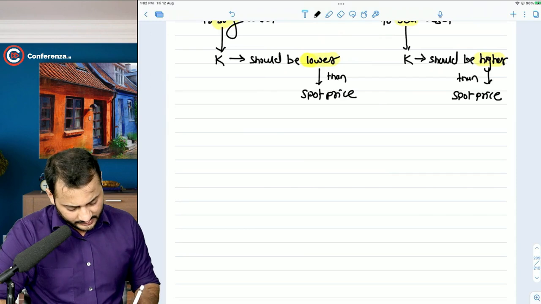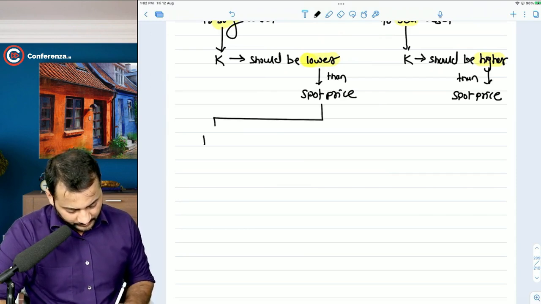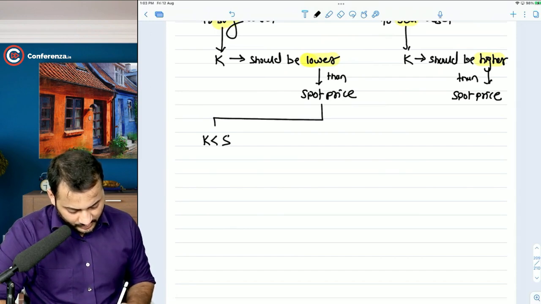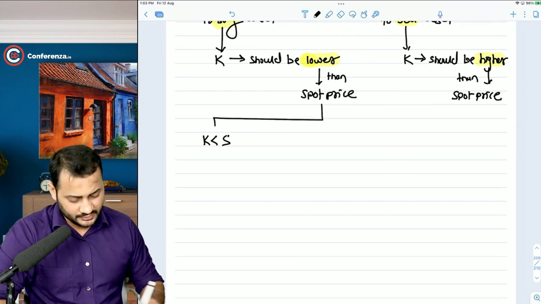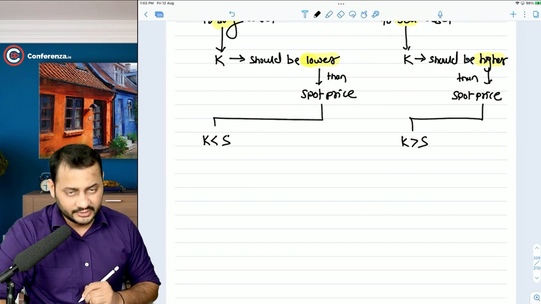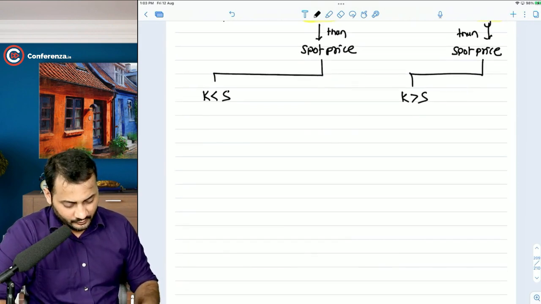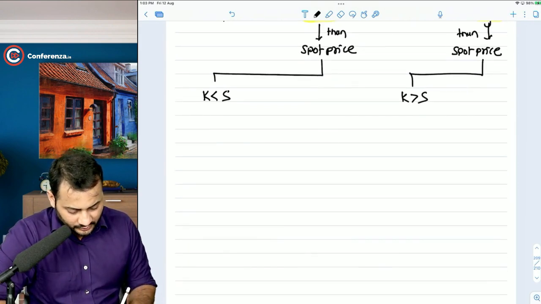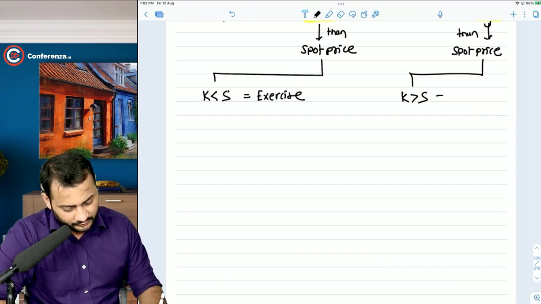So can I say ultimately K should be lower than the spot price in this case, and K should be higher than the spot price in this case. Okay, if it is lower, we will exercise this option. We will exercise put option.